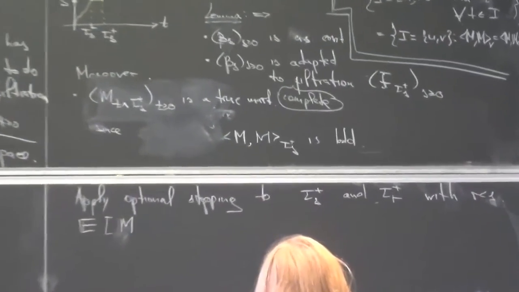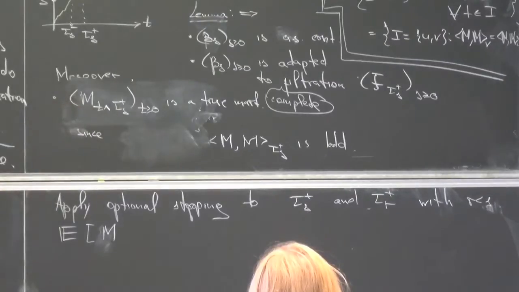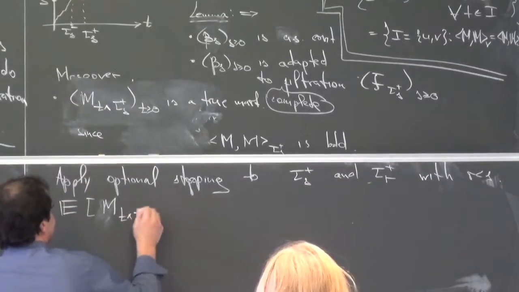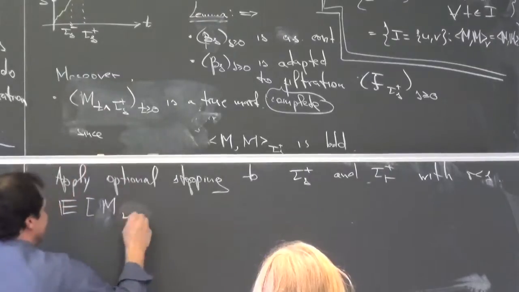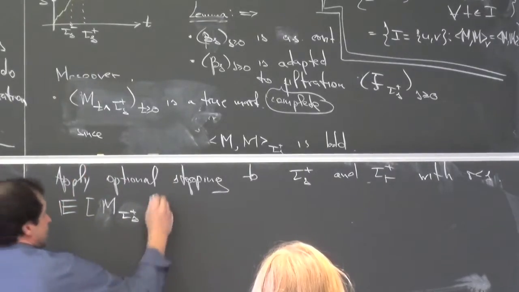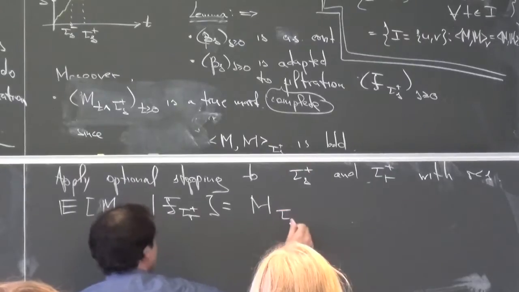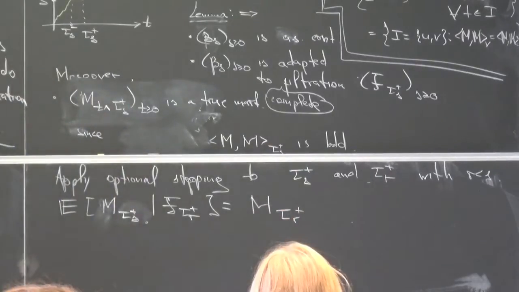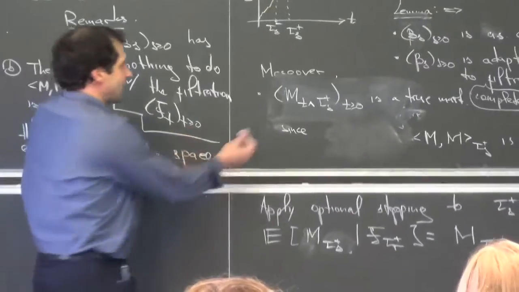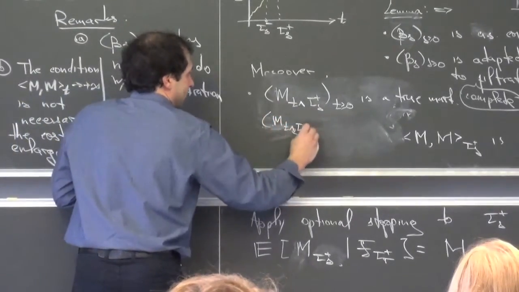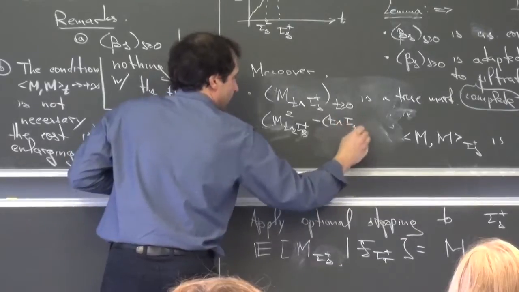Okay, there is no B at the moment, so there is just M. And then to which I apply the optional stopping is this M. And moreover, we know that not only this guy is a true martingale, but also its square minus its quadratic variation is a true martingale.